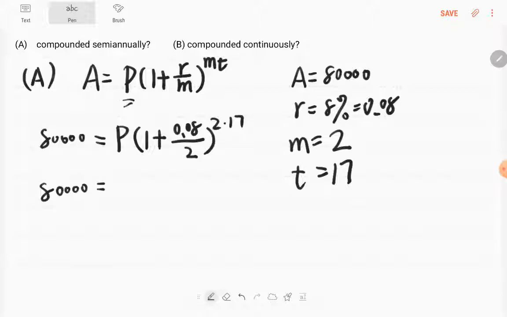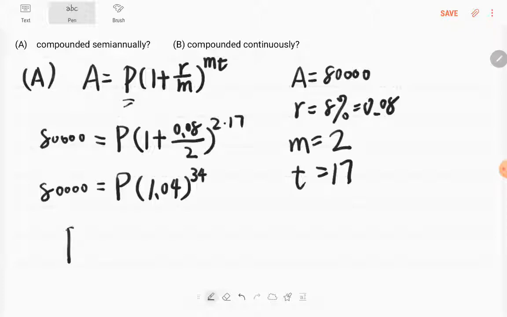Let's do the calculation. 0.08 divided by 2 is 0.04, plus 1 is 1.04, to the what power? 2 times 17, 34.